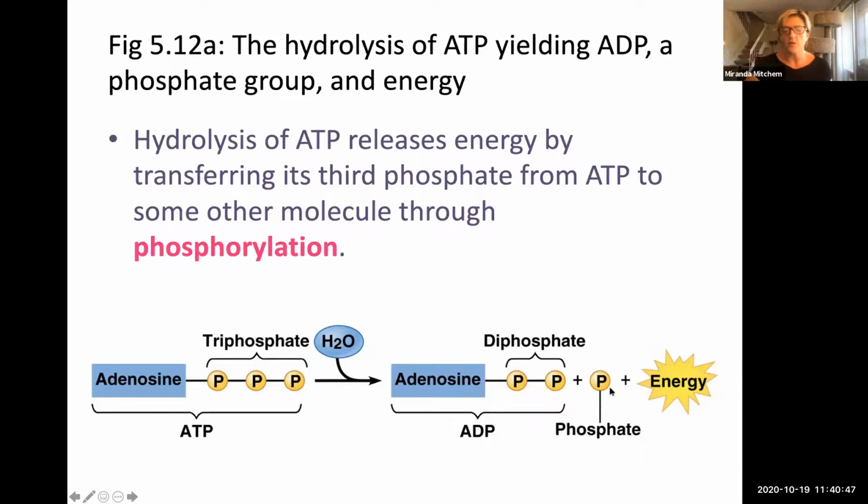This phosphate group can then be recombined with another ADP molecule to make ATP. So the transfer of this removed phosphate group to some other molecule is simply the process of phosphorylation. It means to add a phosphate group.